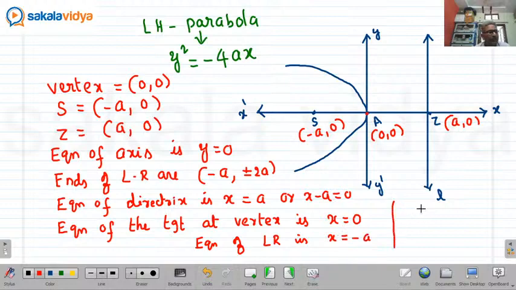Next point, the distance from focus to the directrix, that means SZ, here SZ is also 2a. So these are the points related to y square is equal to minus 4ax, left-handed parabola. Understood now, all of you?